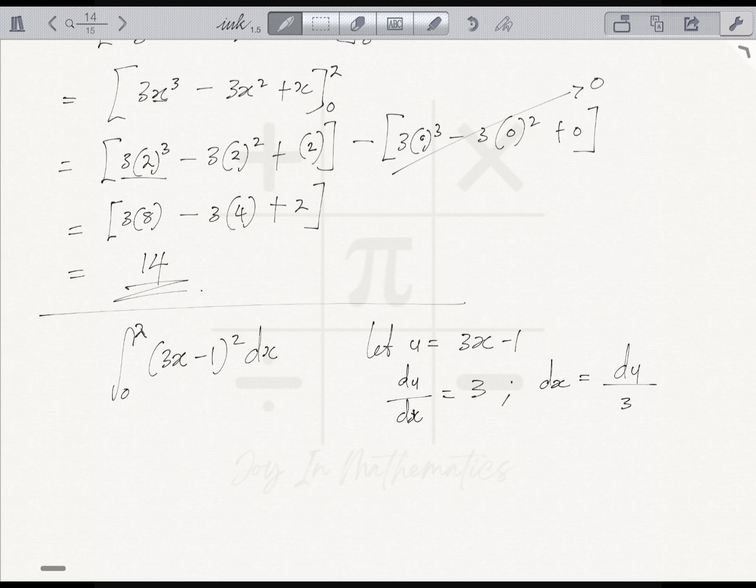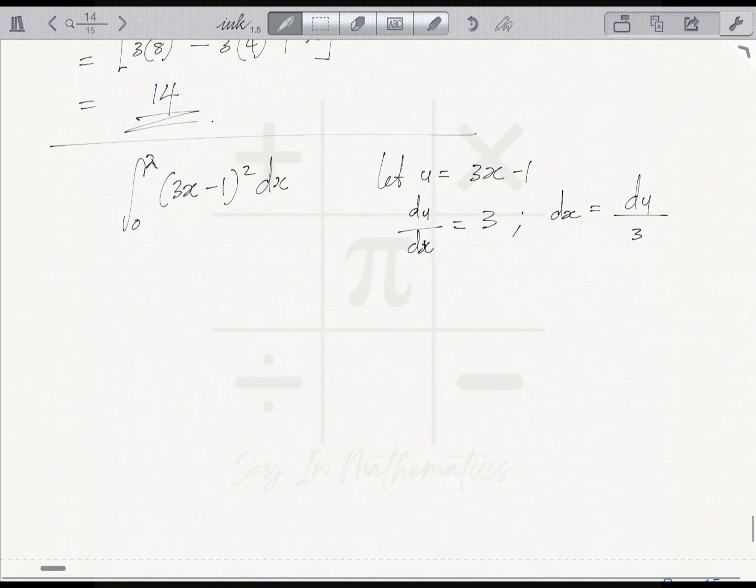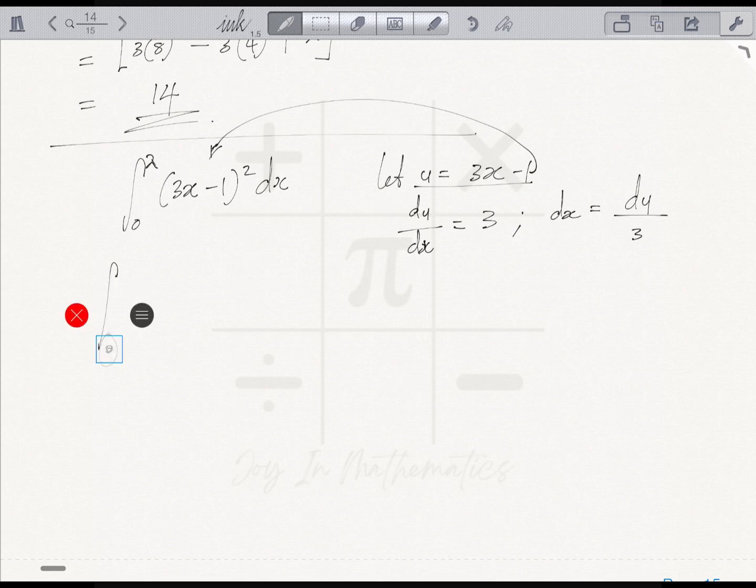Remember the lower limit here is x equals 0, and the upper limit is x equals 2. We have u squared multiplied by dx, and we know dx is du divided by 3.